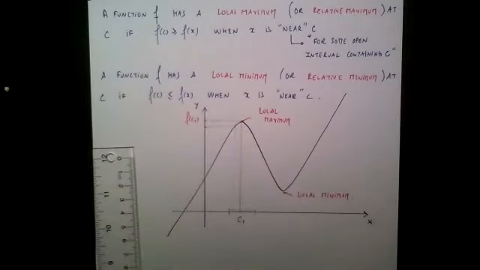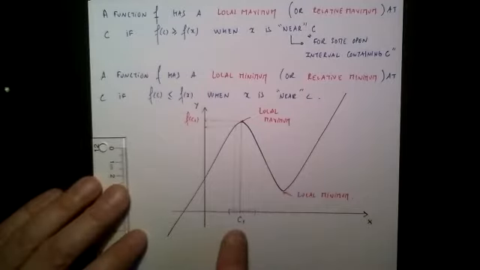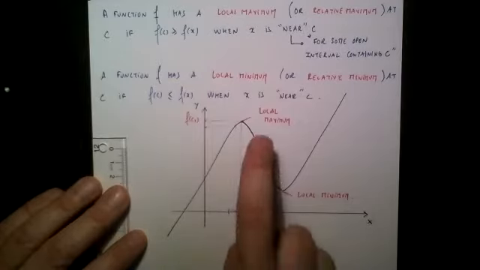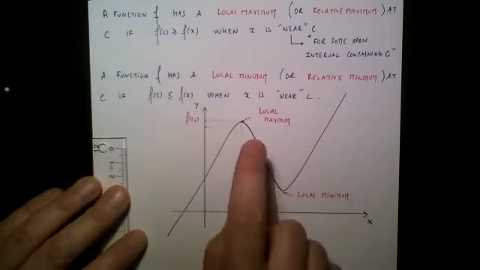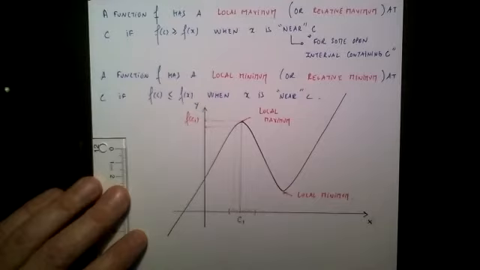Do you understand it? So if I can find an interval that contains C1 for which f of C1 is bigger than everything in there, then we call this a relative maximum.